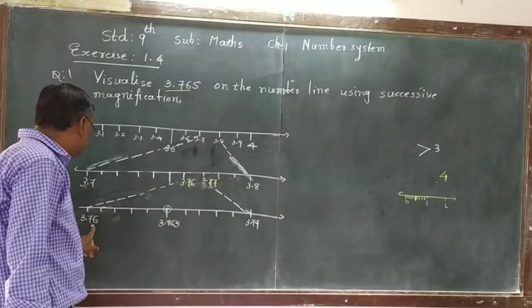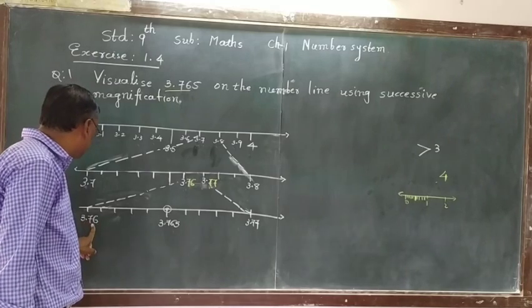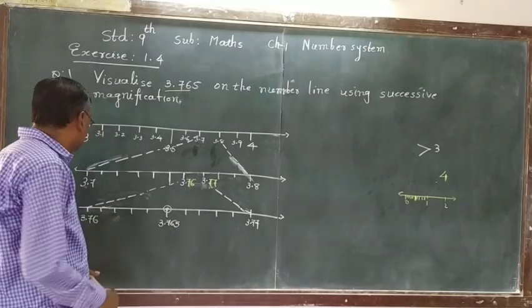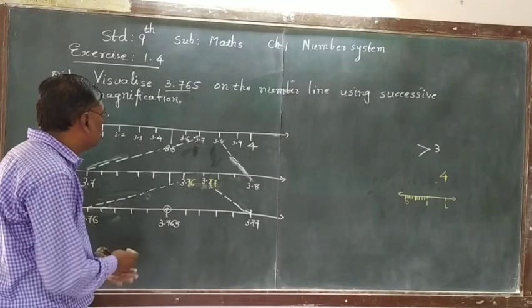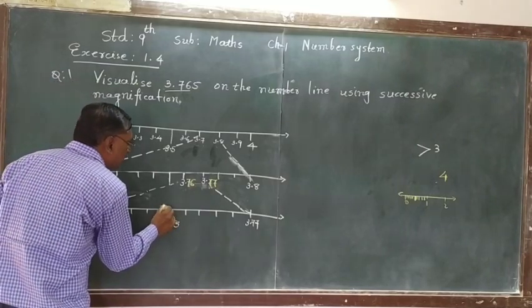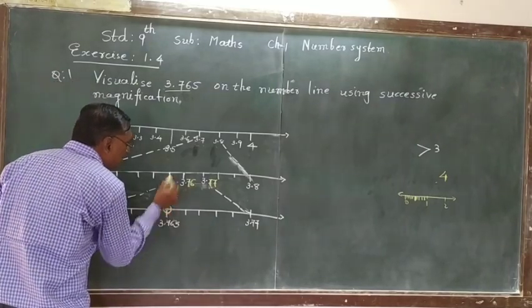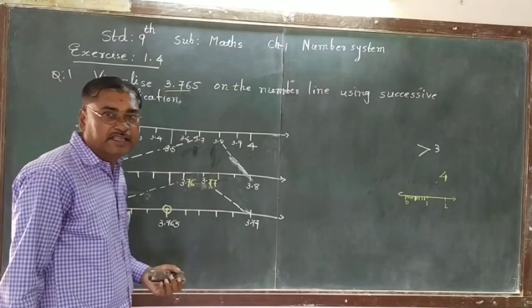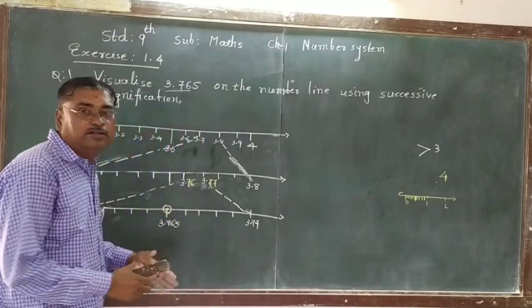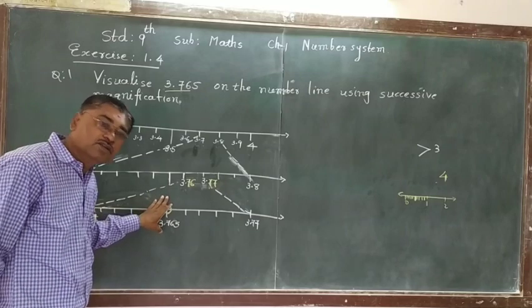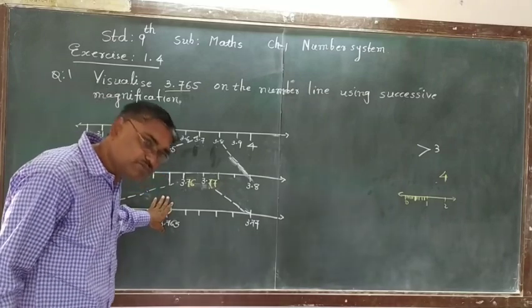Means 3.765. Okay, so this is our required number. That is, we can see it by successive magnification. Now you can draw this figure in your notebook.